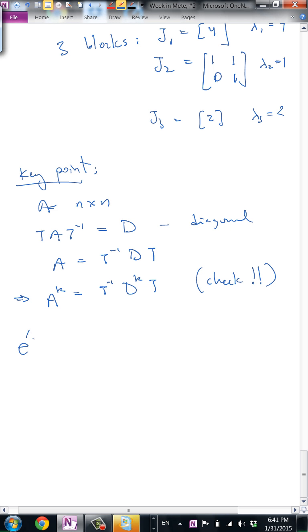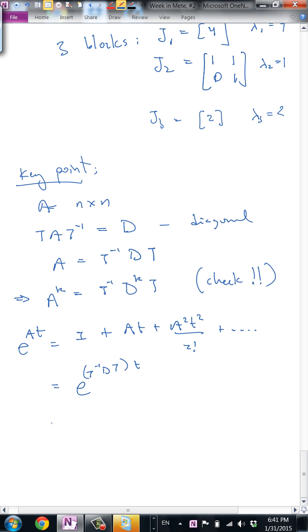And recall the definition of the matrix exponential, e to the At. This is in perfect analogy to the scalar case, so I plus At plus A squared t squared over 2 factorial, etc. So e to the At is equal to e to the T inverse D T times t.